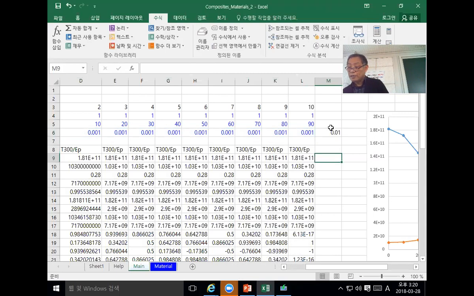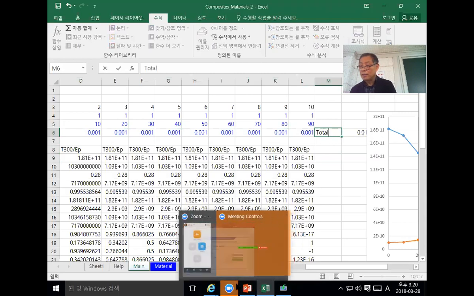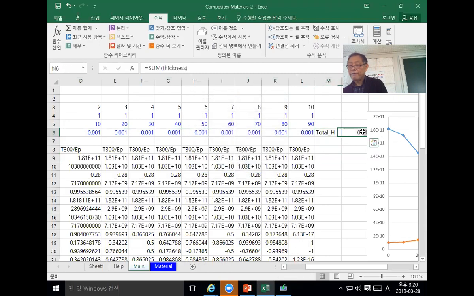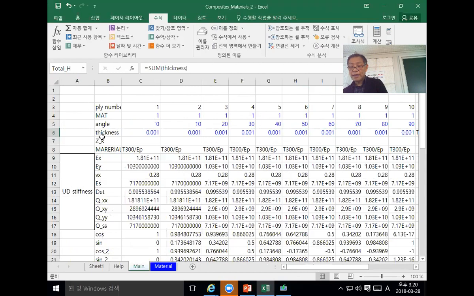I will call this variable total H. Now, z_k starts from total H divided by 2, with a minus sign, at the bottom.